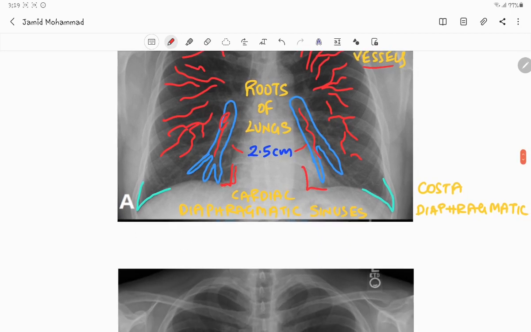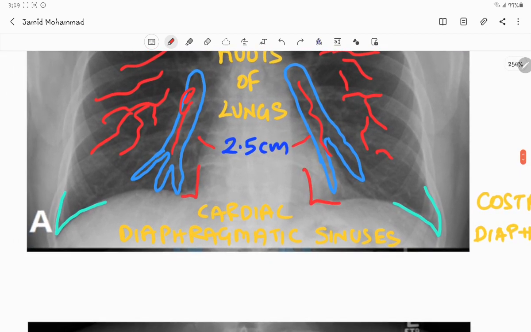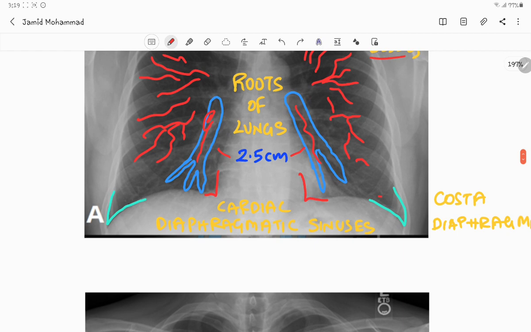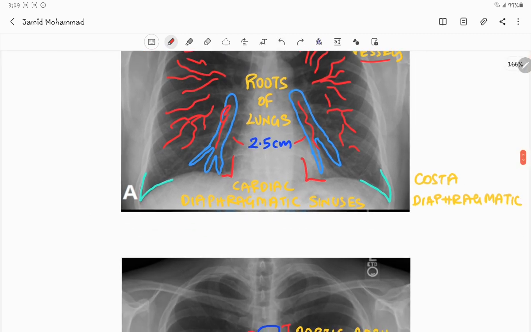And these red markings that I have made on either side of this image are the cardiophrenic sinuses, and these blue lines that I have made on either side of this X-ray are the costophrenic sinuses.